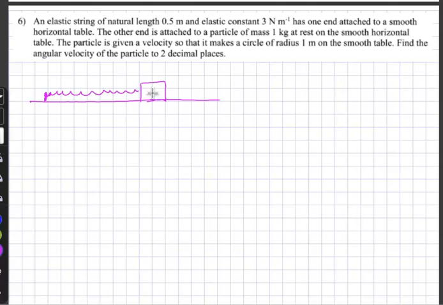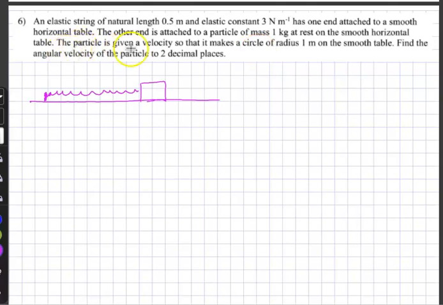In the same way, when you go back and look at your notes on horizontal circular motion, you'll find that the tension of the string was giving you a force that caused that sort of circular acceleration, just turning. So we've got the same scenario here.